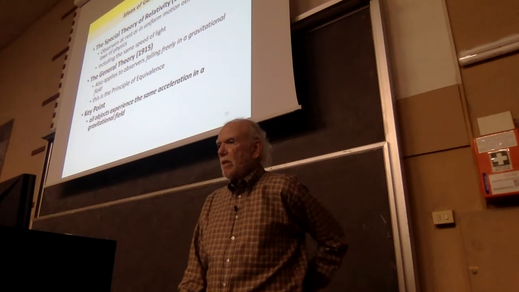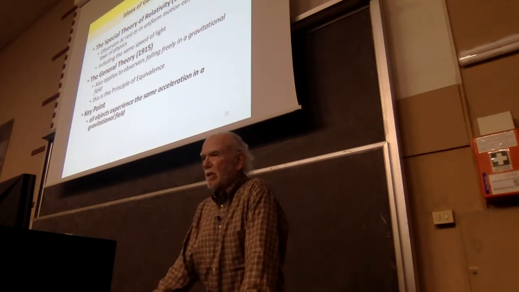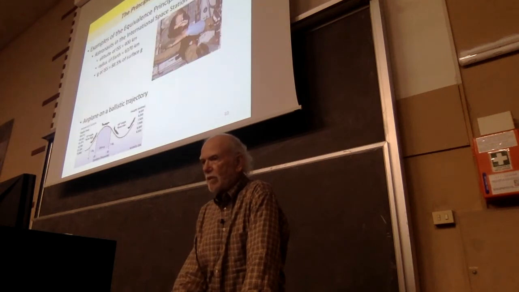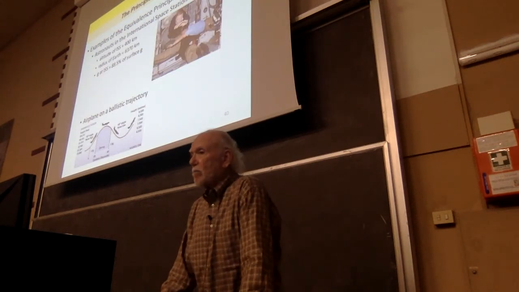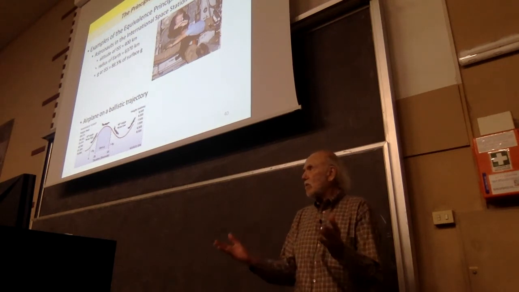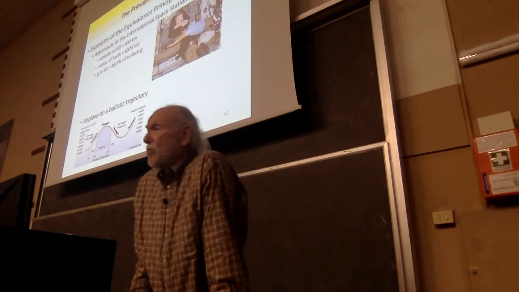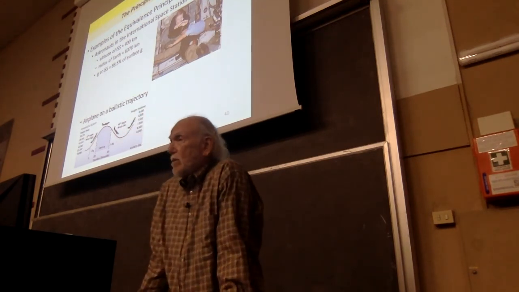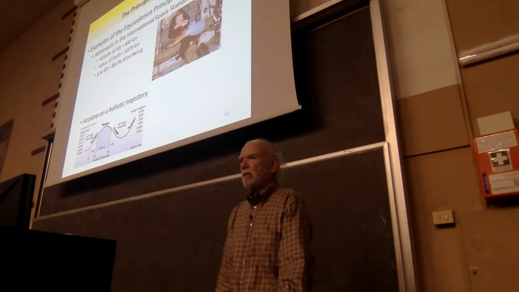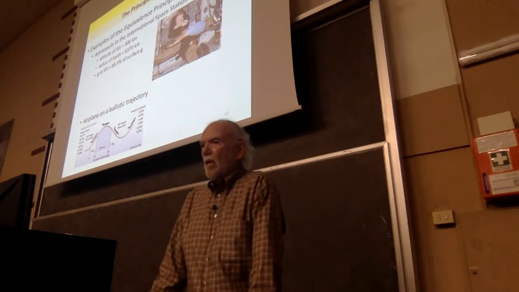The key point is that all objects experience the same acceleration in a gravitational field, and it doesn't matter what the circumstances are. In a kind of empirical way, that's observed, for example, by astronauts on the space station. Astronauts on the space station are at an altitude of 400 kilometers.